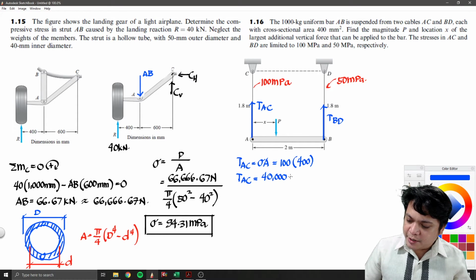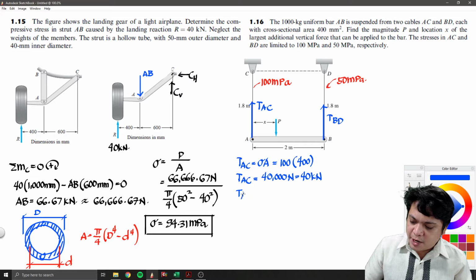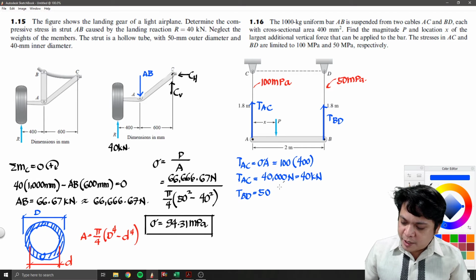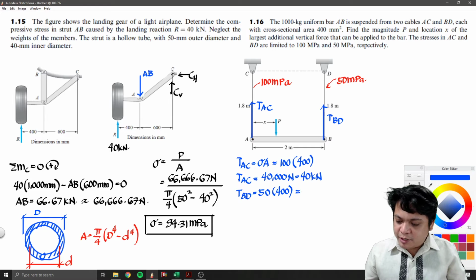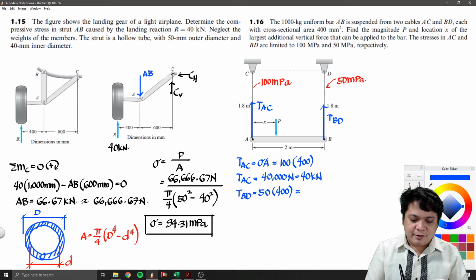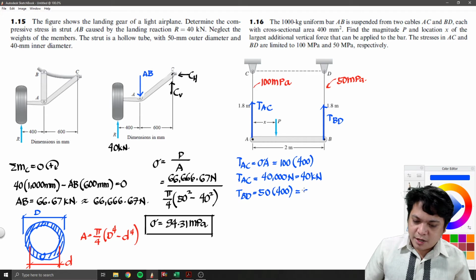Let's make it kilonewton. So that is 40 kilonewton. Same thing I will do for BD: 50 multiplied by 400, divided by 1,000, so you have here 20 kilonewton.